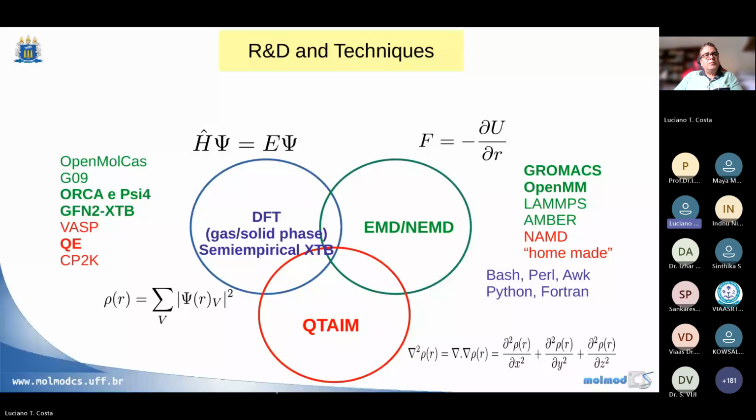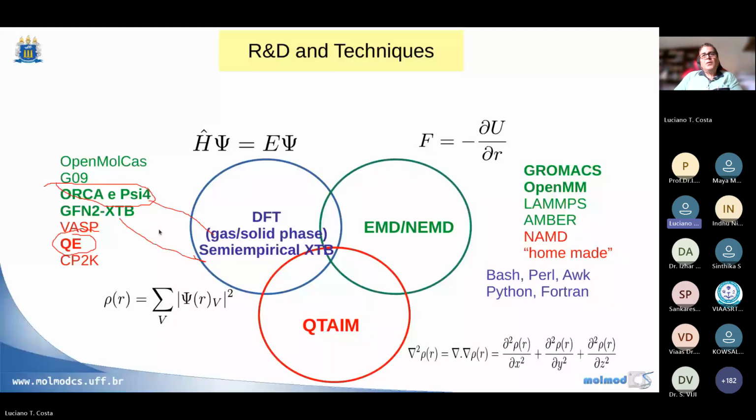In our research group, we are specifically using Orca and Psi4 for the gas phase, DFTB+ for the semi-empirical, and Quantum ESPRESSO for the solid phase. We have other packages that we can use, but in our research group, we are using these.